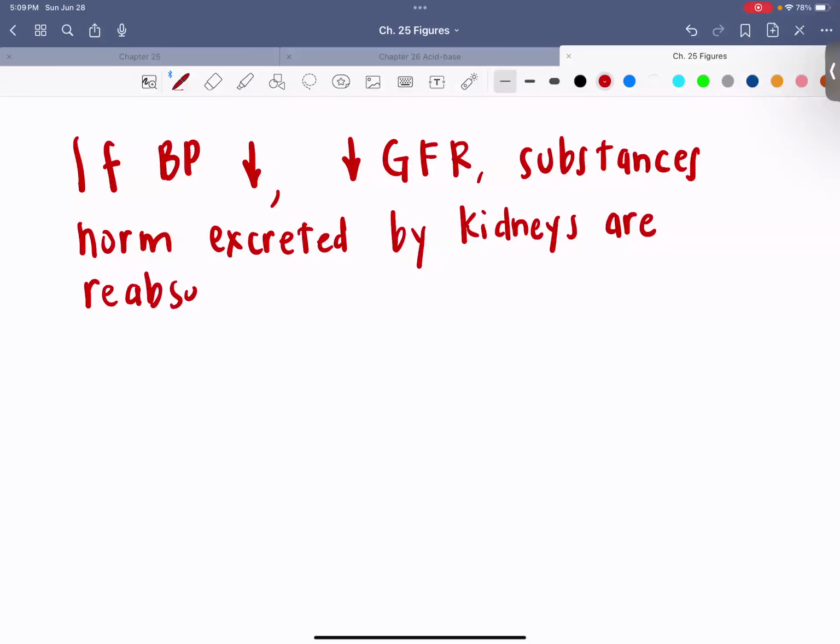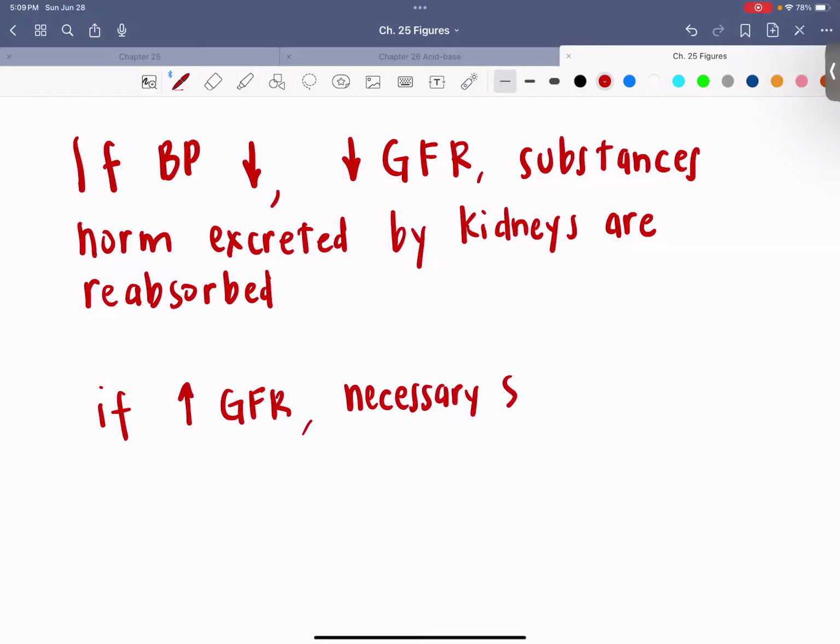Because our glomerular filtration rate is so low, the urine is basically sitting in the tubules. On the other hand, if GFR is too high, then those necessary substances don't have time to be reabsorbed.